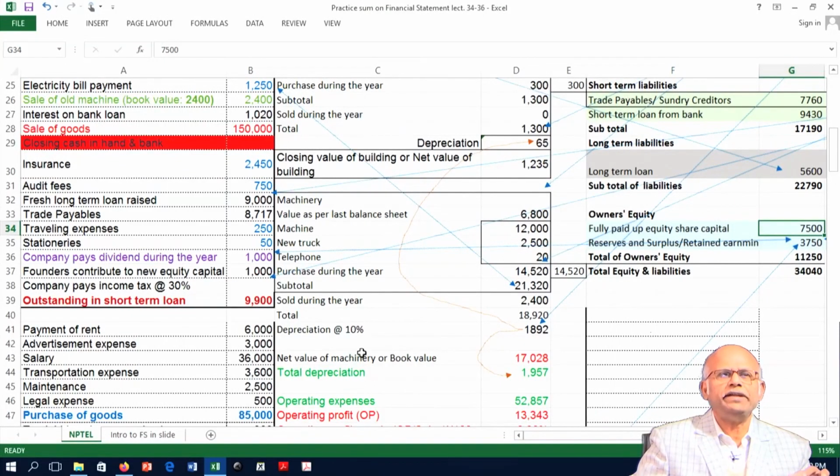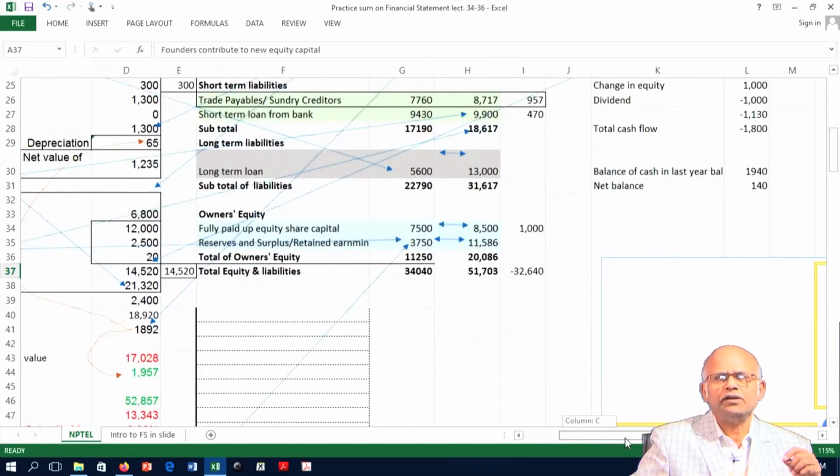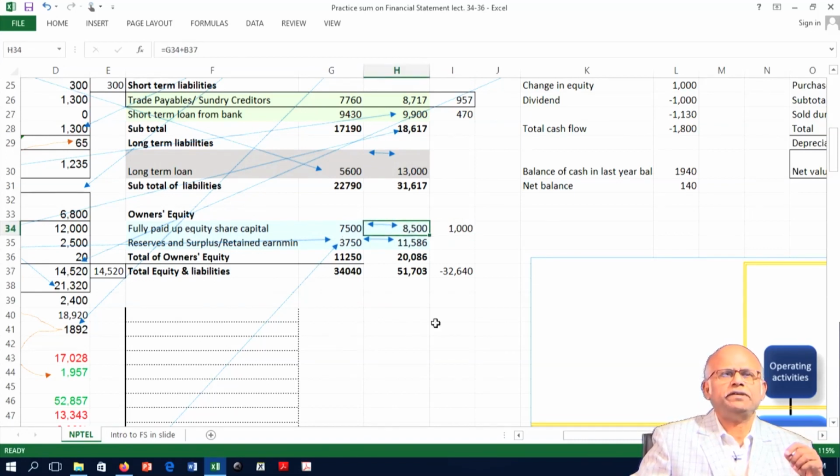They have actually made an investment of 1,000 rupees. So, founders contributed to equity 1,000 rupees, that is to be added, and we have added it here. I should have put an arrow there for easy understanding. So, we have added 1,000 and that becomes 8,500.